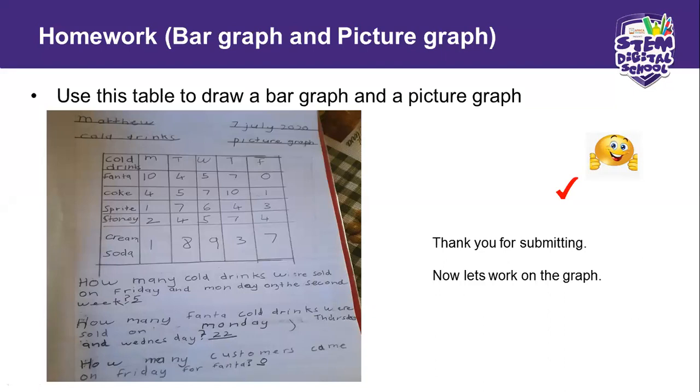So I think then together we need to do a bar graph concerning the information that we have, okay? The picture graph, I will still ask you to do it. You can choose one cool drink of your choice and work with it for your picture graph.